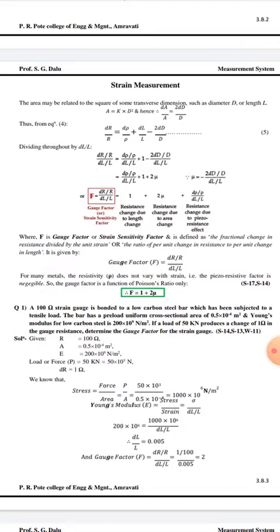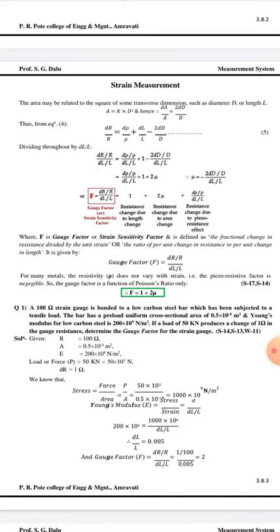Young's modulus E equal to 200 into 10 to the power 9, and load or force P equal to 50 kilonewton, means 50 into 10 to the power 3 Newton, and dR means change in resistance is 1 ohm. This is given in the numerical.